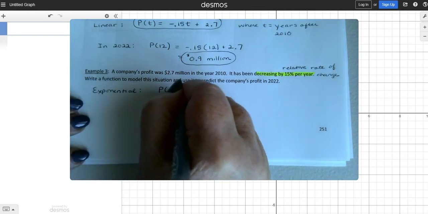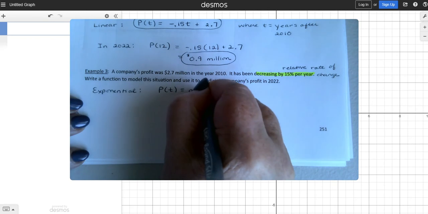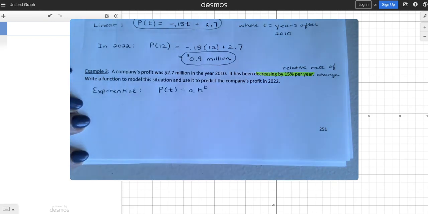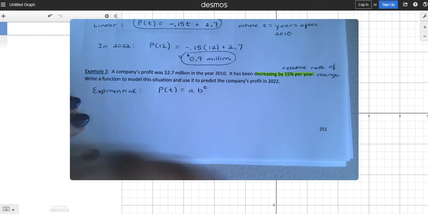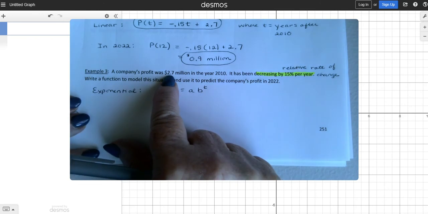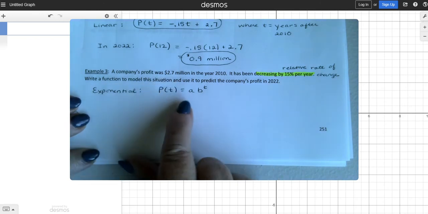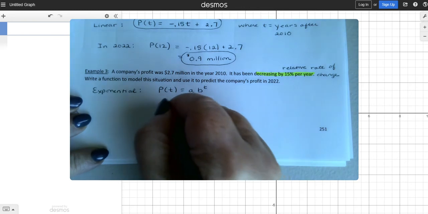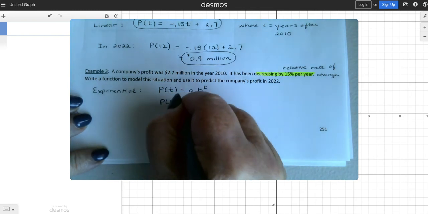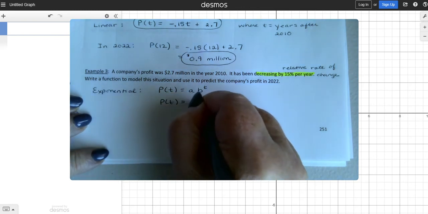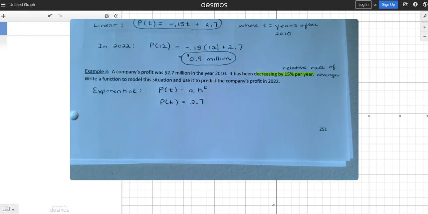So I'm going to go for P of t as a times b to the t power. Once again, as long as we assume that t is years after 2010, the 2.7 million is going to be what we started with. So that'll be the a value here. And then I have to work just a little bit to get the b.